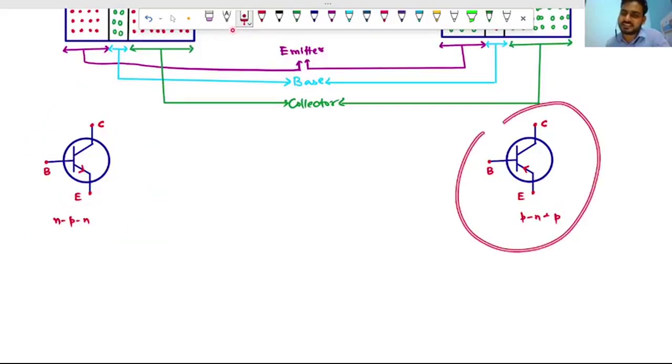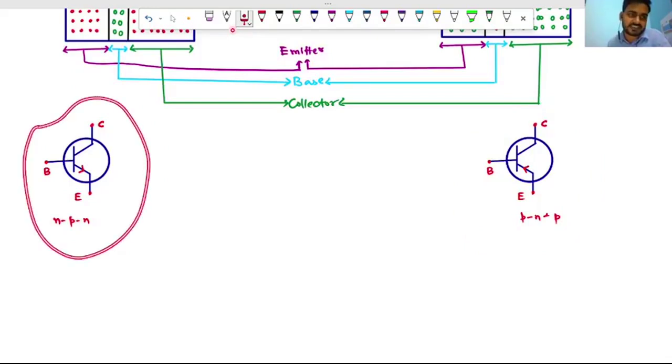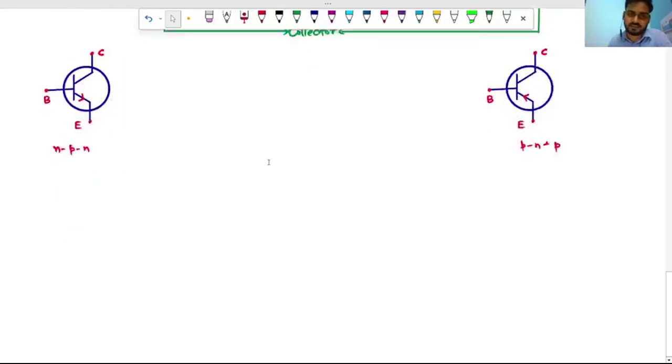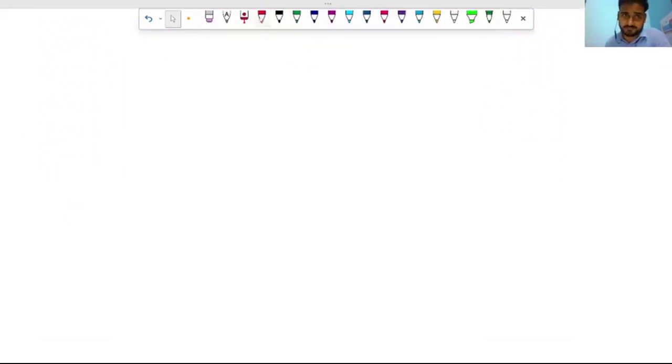For PNP, there are three types of biasing, but we will discuss biasing for only one, that is NPN. Okay, so let me write the heading: biasing of transistor.